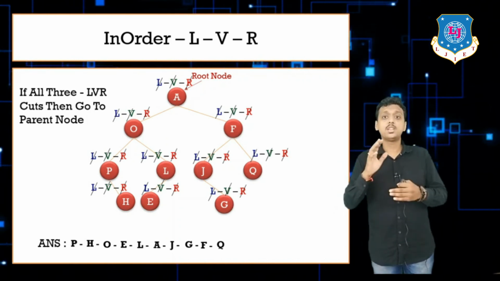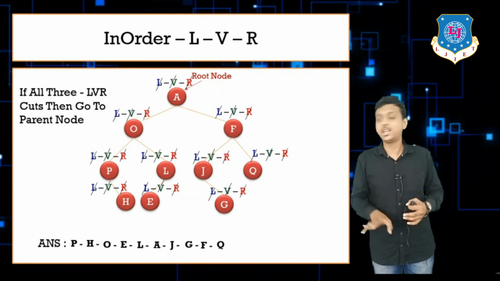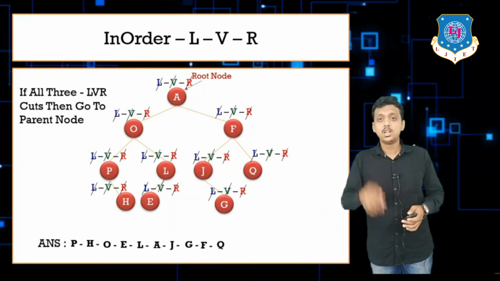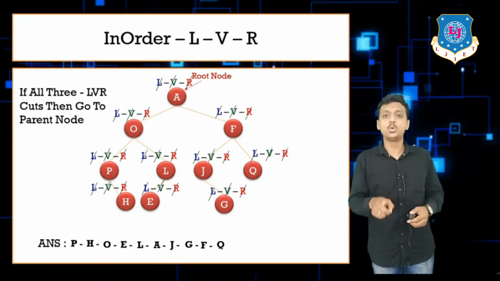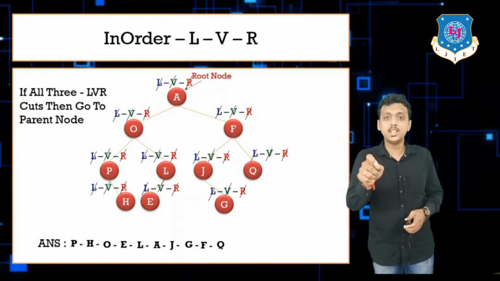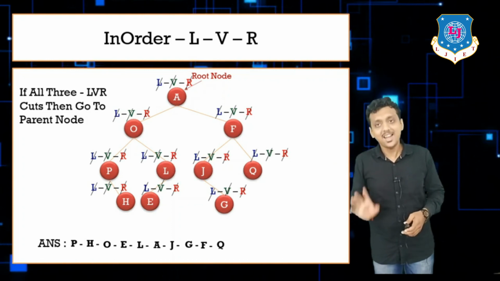Then select the left side, then visit, then right; left, visit, right; left, visit, right. If you are on the root node A, then first you need to go on the left. Until you do the visit of that node, please don't write it in the answer. Whenever you do the visit, then write down the answer.